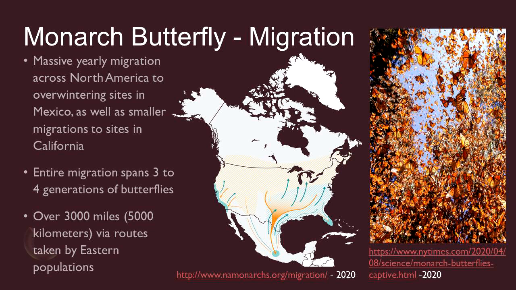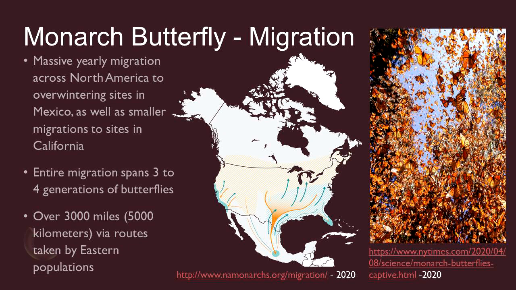So, the monarch butterfly is famous for its yearly migration across North America to overwintering sites in Florida, Mexico, and California. Mostly Mexico, though.